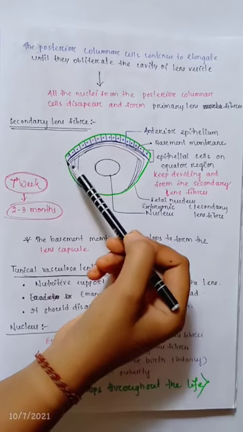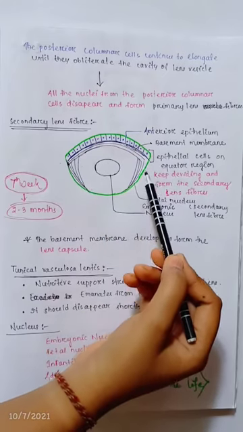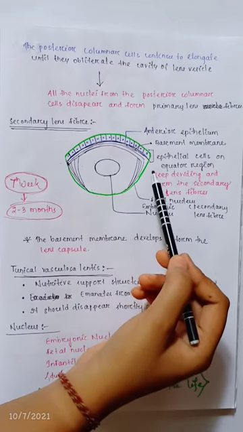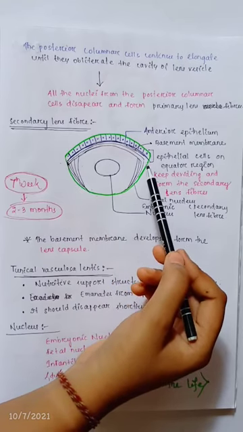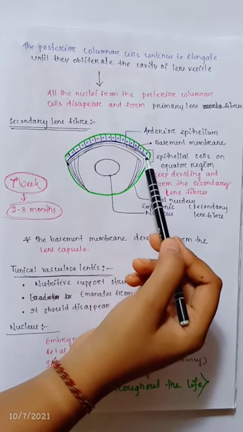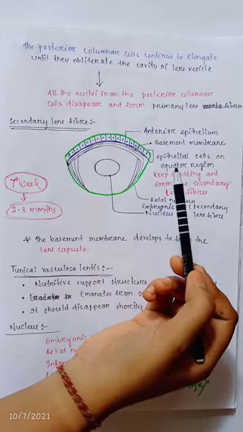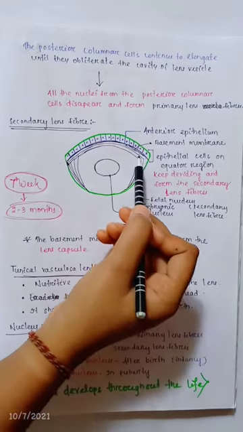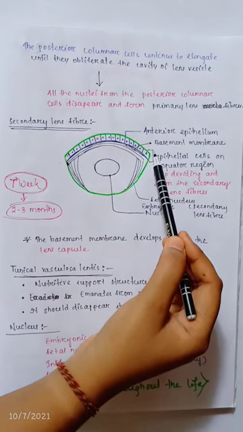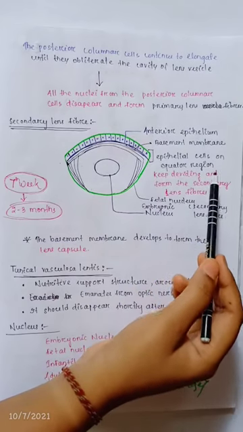As we know, the posterior cells elongate and after that they disappear and form the primary lens fiber. Here we only have the anterior epithelium cell layer, and also the basement membrane, and this is the epithelial cells at the equator region.